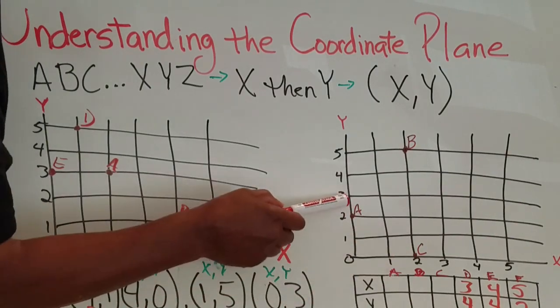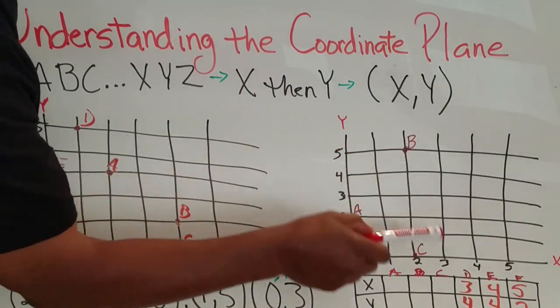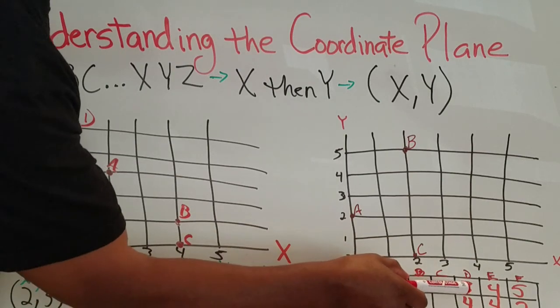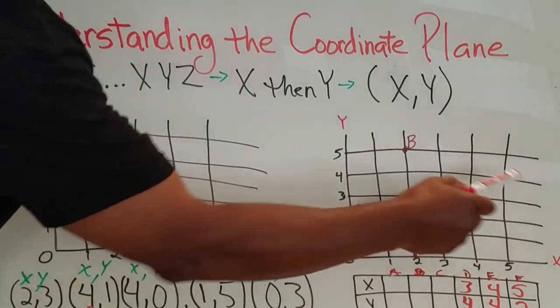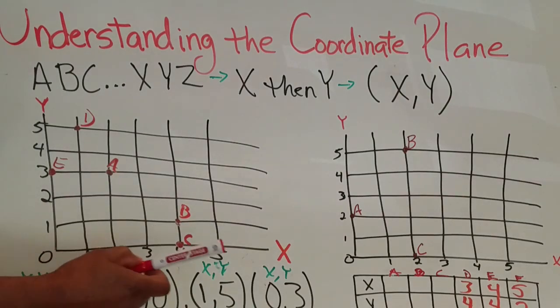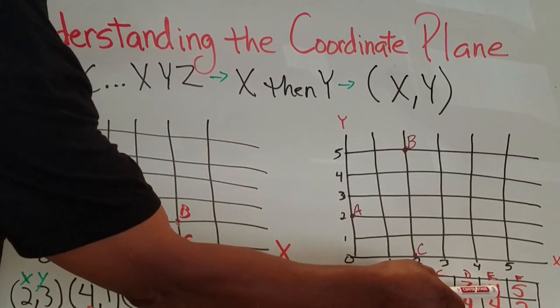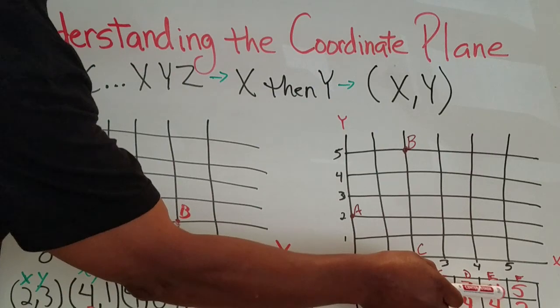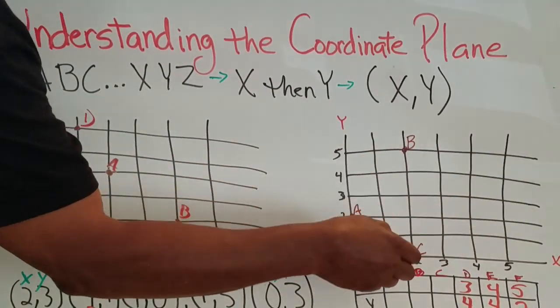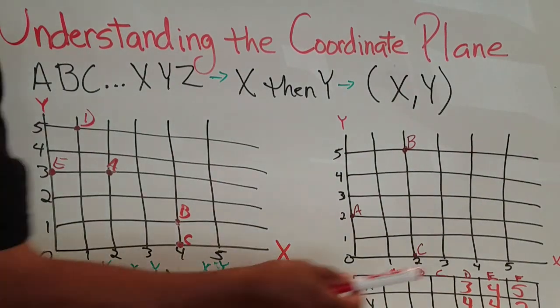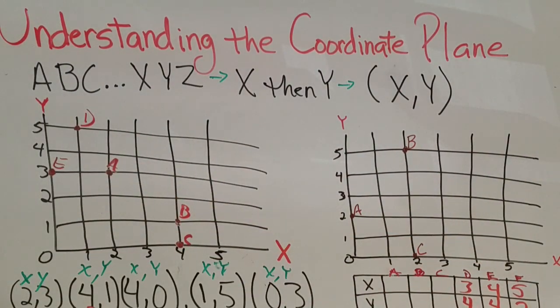Point A, point B, point C, and point D is right here, 3, 4. So where would I put point 3, 4? And then the next one is E. Where would I find point 4, 4? It goes on here somewhere. Put it down. And then 5, 2. Go.